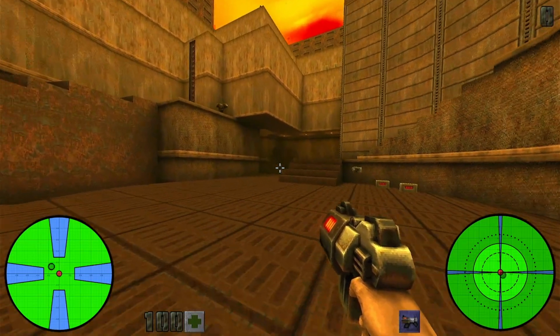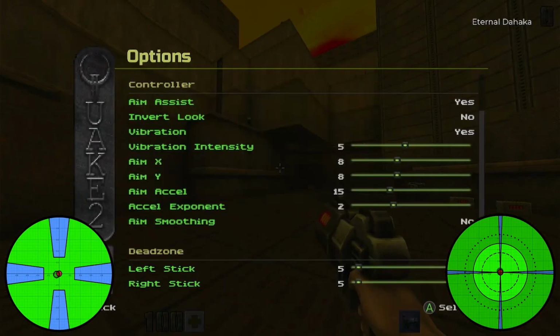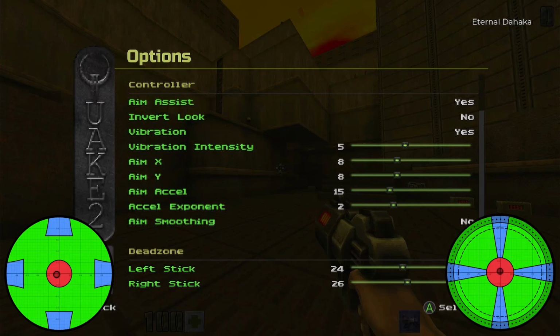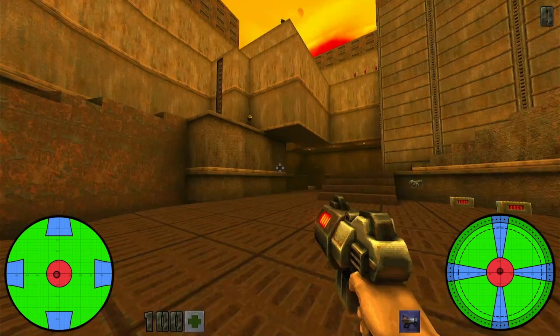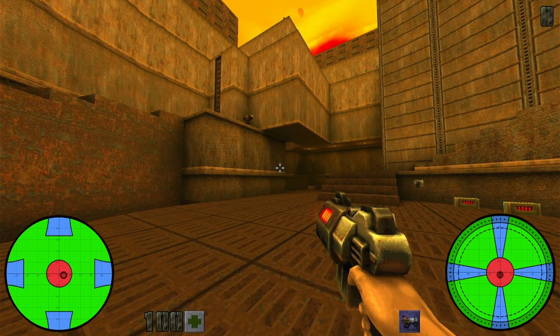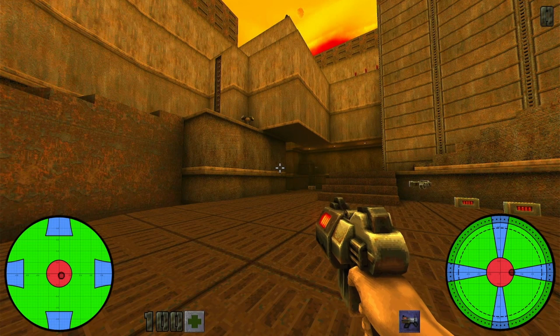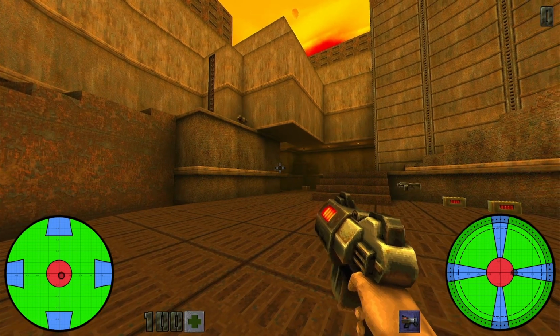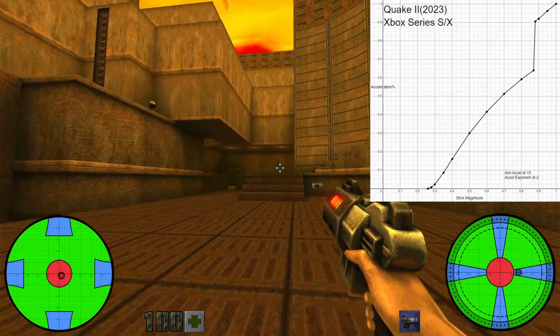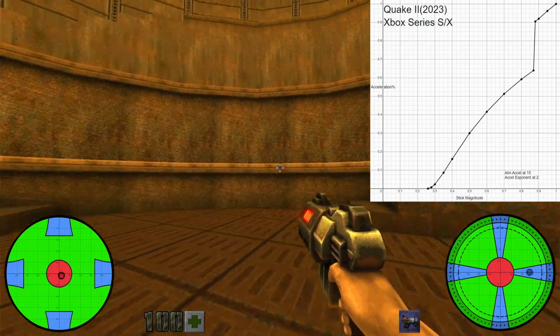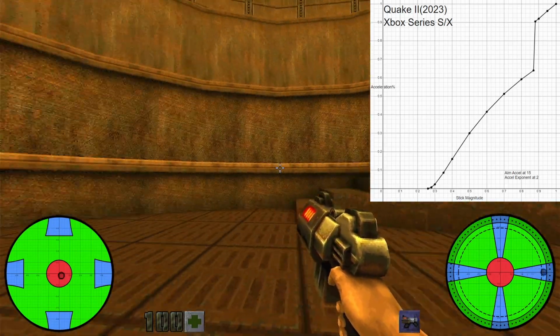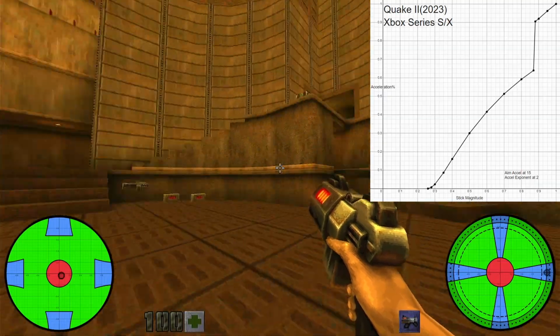Now to jump to the acceleration curve, I'm going to take this back up to the defaults. And once you break out of the dead zone, you start slightly slower than normal, and it follows a shallow S-curve until you reach the shaded region, where there's a spike in acceleration.